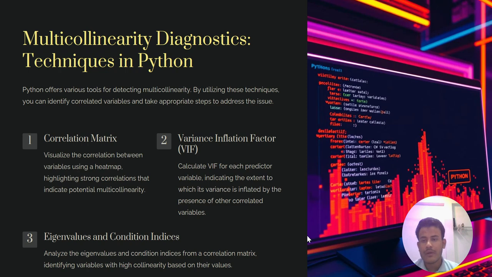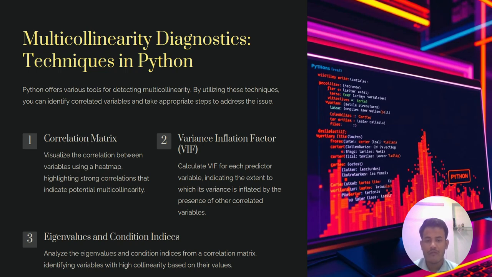So, multicollinearity diagnostic techniques in Python. Python offers various tools for detecting multicollinearity. By utilizing these techniques, you can identify correlated variables and take appropriate steps to address the issue. First one is the correlation matrix. Visualize the correlation between variables using a heat map. It highlights strong correlations that indicate potential multicollinearity.